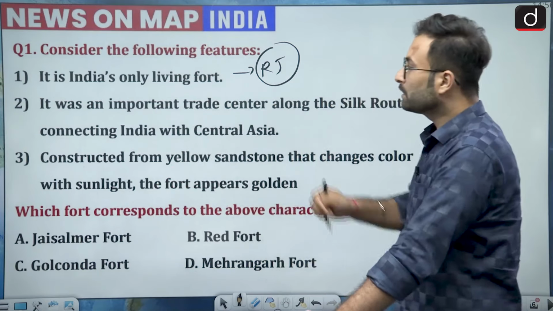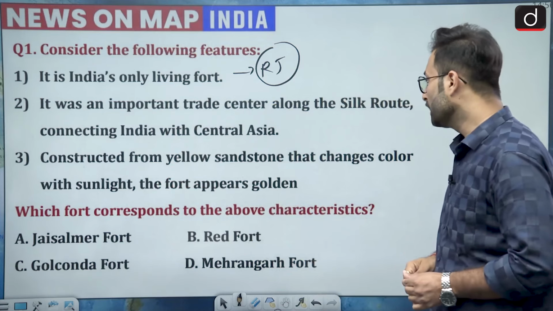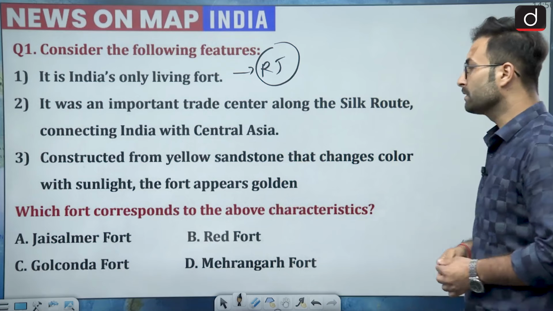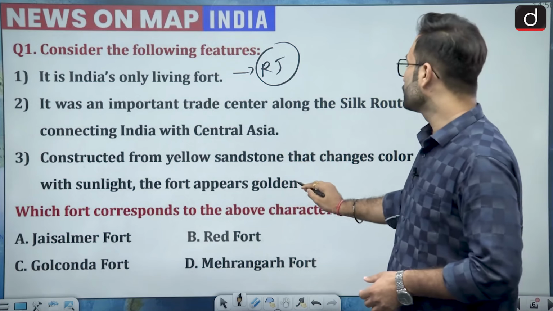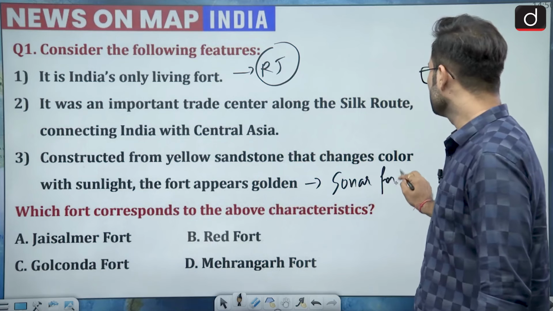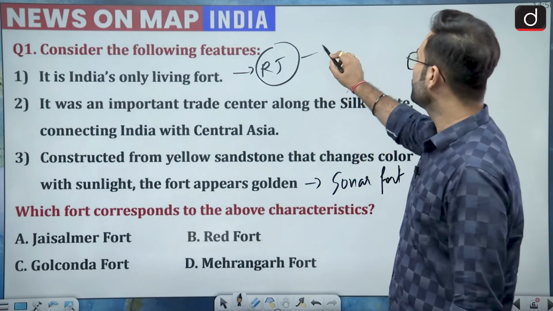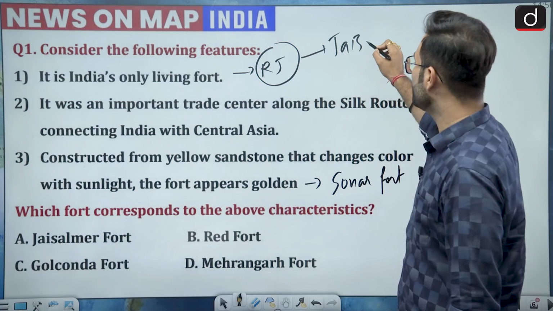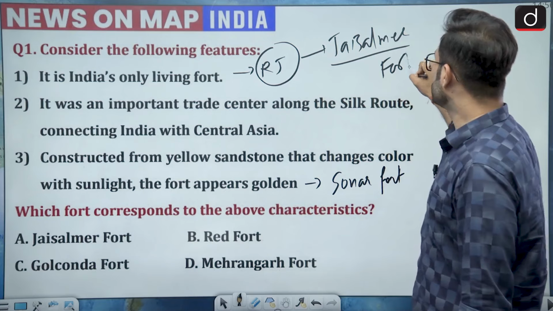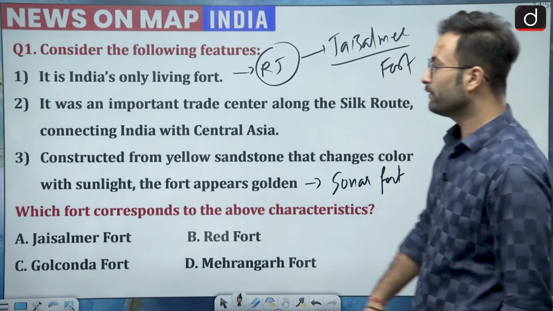Third, constructed from yellow sandstone that changes color with the sunlight, and the fort appears golden. This is also known as the Sonar Fort. This fort is in the Jaisalmer district of Rajasthan, and it is Jaisalmer Fort, also known as Sonar Fort. So option A would be the right answer.